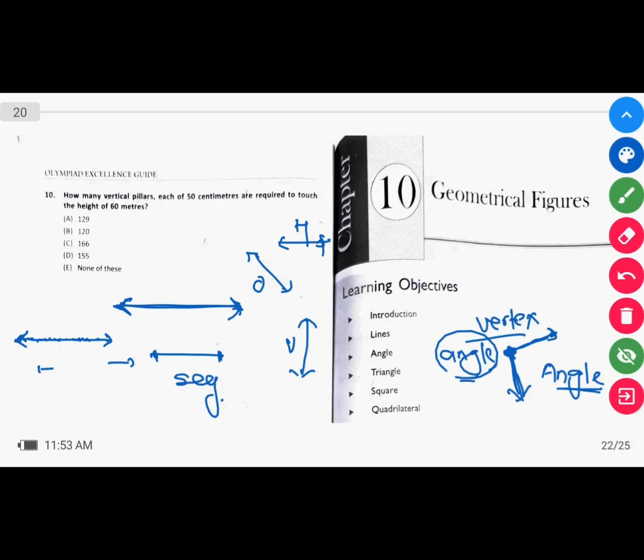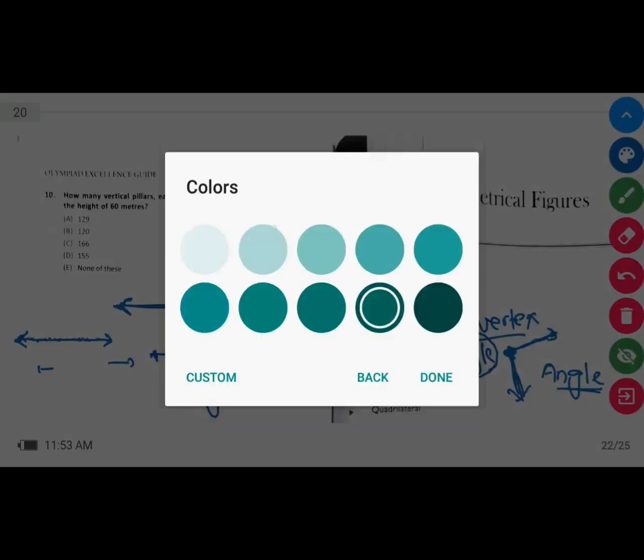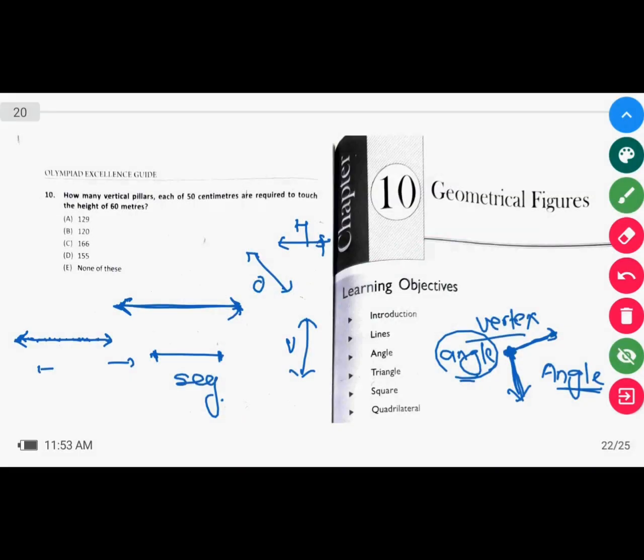Now when three line segments join each other, they form a triangle. Now here in this figure, these are the three line segments, 1, 2 and 3, which join each other to form this figure known as a triangle.